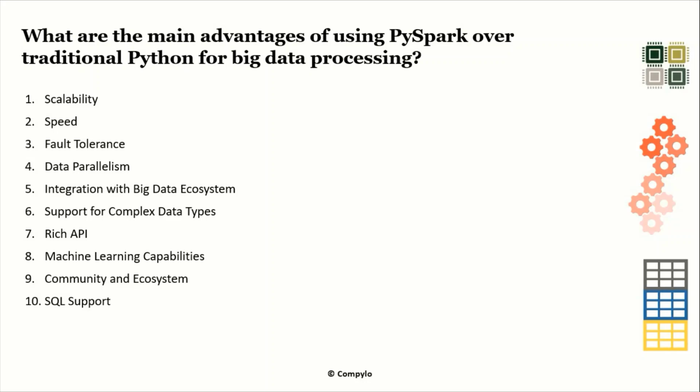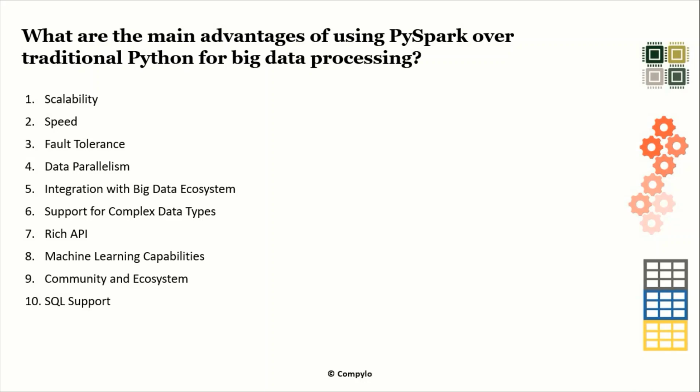Next is speed. PySpark leverages in-memory processing and optimized execution plans to improve performance. This is especially beneficial for iterative algorithms and operations on large datasets. Third is fault tolerance.